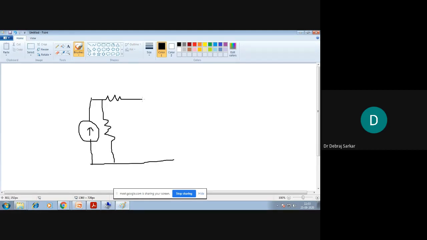You have one more resistor here, and you have a current source. Let this be 1 ampere. I'm drawing with the mouse, it looks serious, but can't help it. This is 2 ampere. This is 1 ohm, this is 2 ohm, this is 1 ohm. So I want you to write an equation.